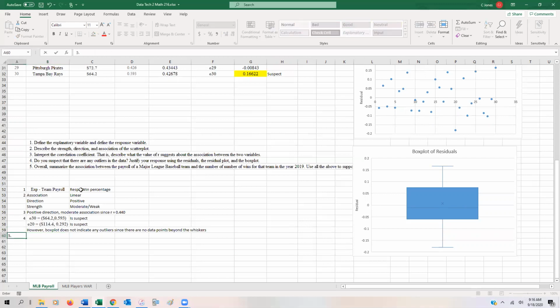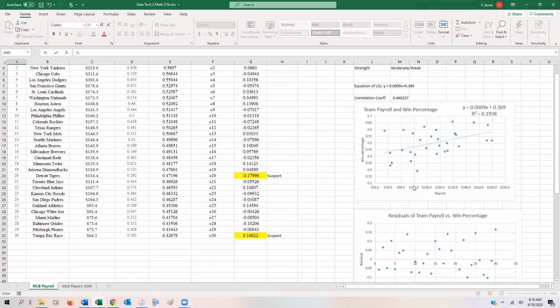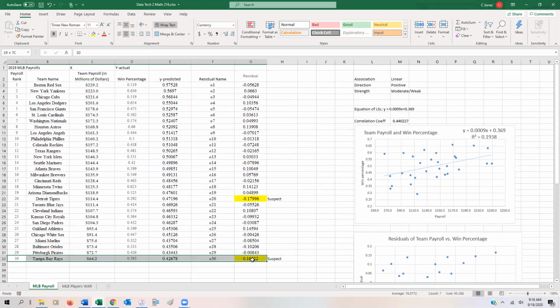And then finally, if we want to overall summarize the association between the number of wins and the payroll, so what can we summarize? Well, we can kind of say that if you spend a lot of money, you can reasonably expect to win more games than teams that don't spend money. However, that's not always the case. Clearly, right down here, the Tampa Bay Rays, who had the lowest payroll in baseball, actually had one of the highest win percentages.